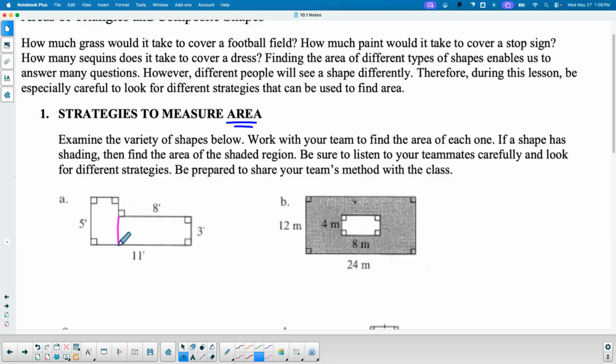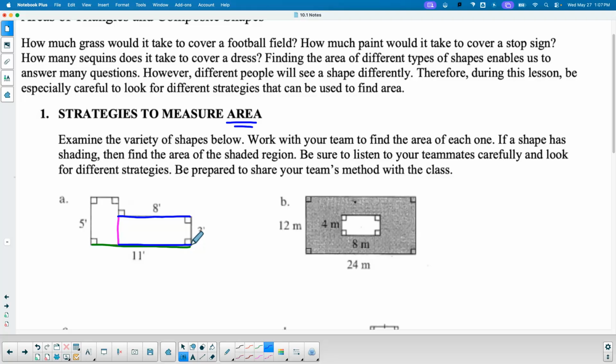If this entire green side here is 11, this blue length here is 8, which means that this blue length down there would also be how much? 8.